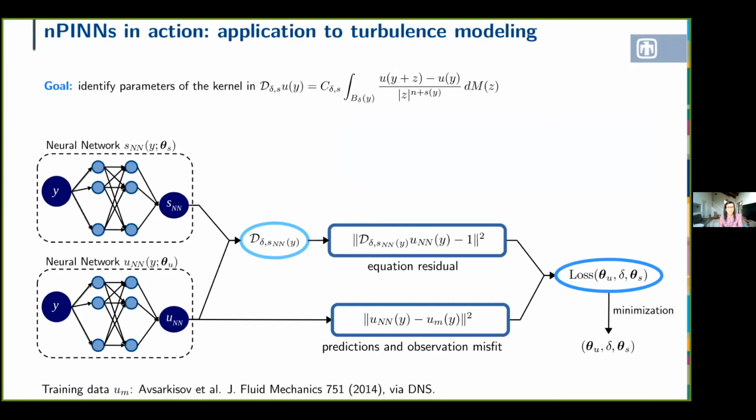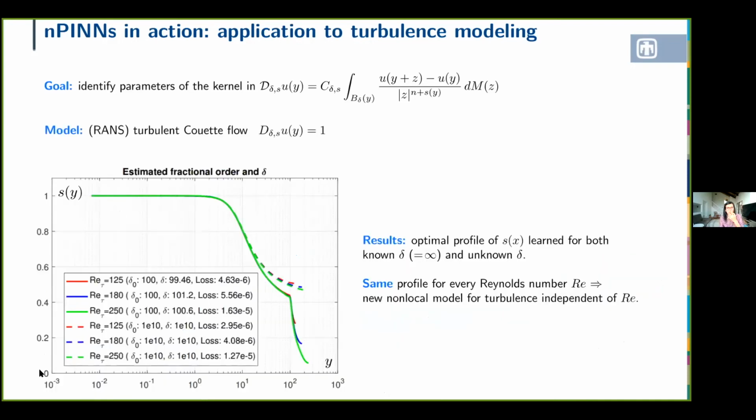So we have DNS simulations. We have high fidelity simulations for this type of flow, and we're going to use them in this setting. And what we surprisingly learned, this is the profile of s(y). So this is the learned s(y). We have several lines here. The dashed lines are the ones where we consider a very, very big delta, which basically means delta equal to infinity.